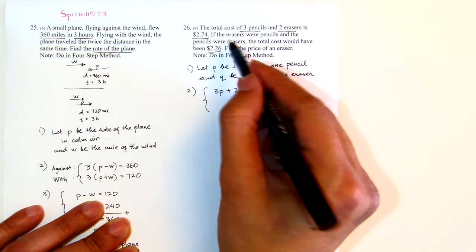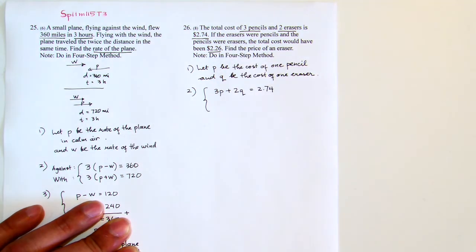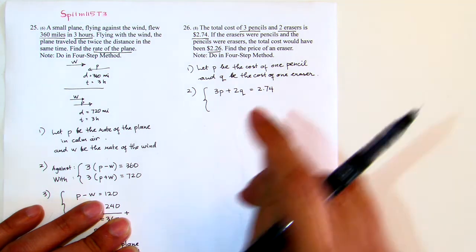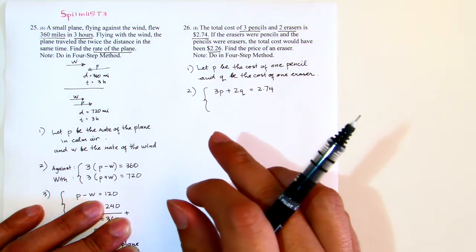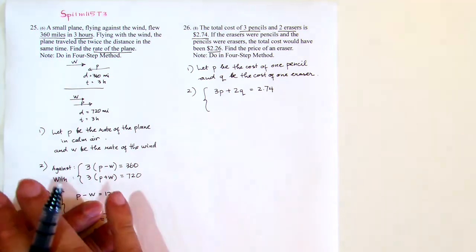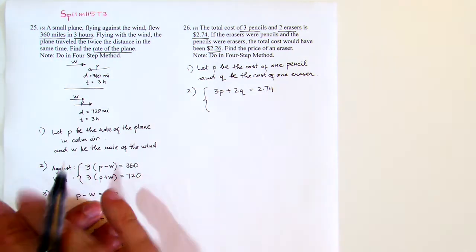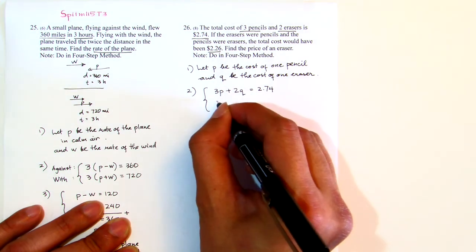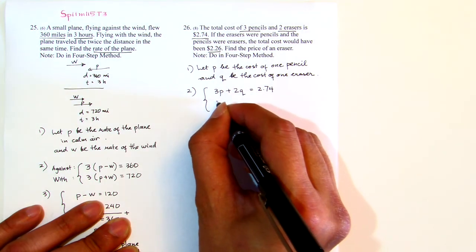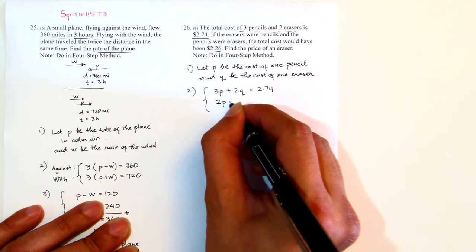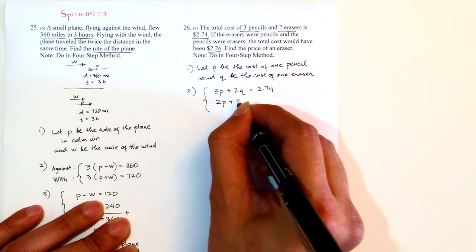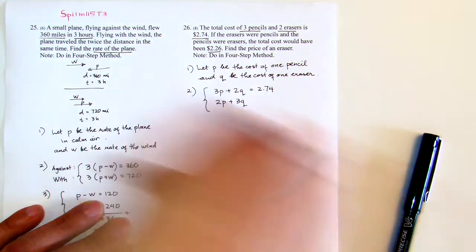While if the erasers were pencils and the pencils were erasers, which means you basically switch the cost, the pencil becomes the eraser and the eraser becomes the pencil, then we would have now 2 pencils and 3 erasers, right?